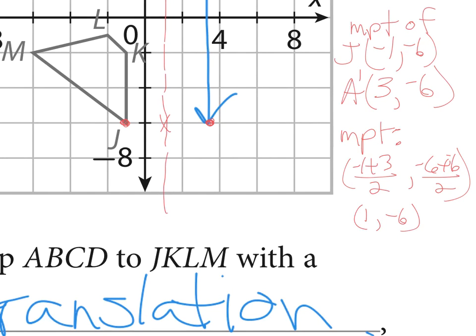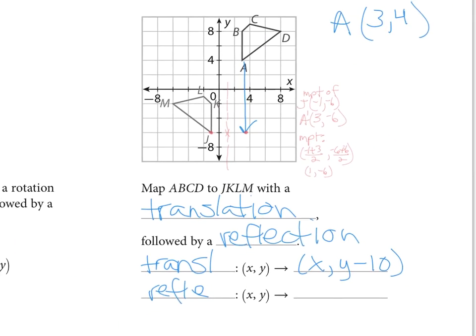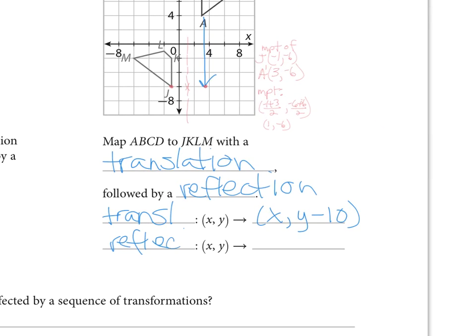Okay, and we know this is a nice vertical segment right here, KJ, and so is AB once it gets mapped down there. So it should be pretty straightforward to know that all of those midpoints are going to be right on that line. And so that is over the vertical line x equals 1.